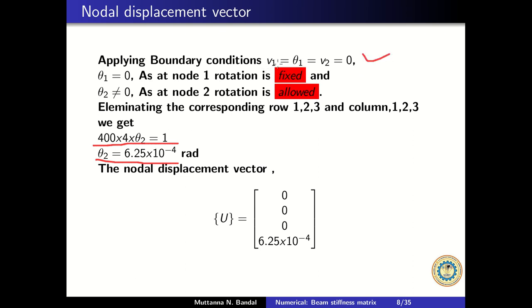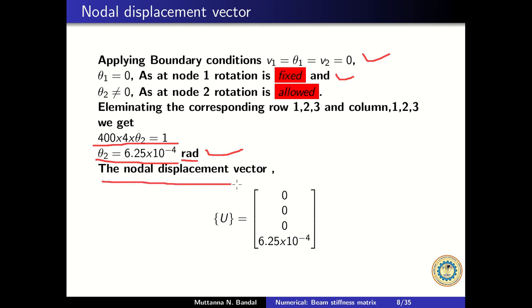So v1 and theta 1 are 0 at node 1 because it is fixed. Theta 2 is not equal to 0 because node 2 is allowed to rotate. So because of these boundary conditions, those rows and columns got cancelled, and using this relation I will calculate what is the theta 2. So theta 2 is equal to 6.25 into 10 raised to minus 4 radians.